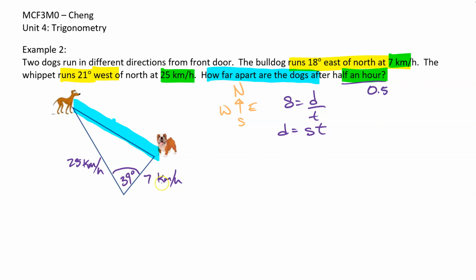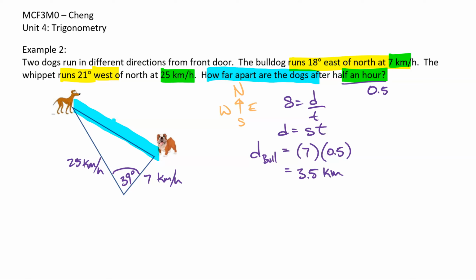So in the first case, talking about the bulldog, the distance d is equal to the speed, which is 7 kilometers per hour, times the time, which is 0.5 hours. He doesn't go a full hour. If he did, he'd go 7 kilometers. He's only going for half of that, and we all know that answer is 3.5 kilometers.